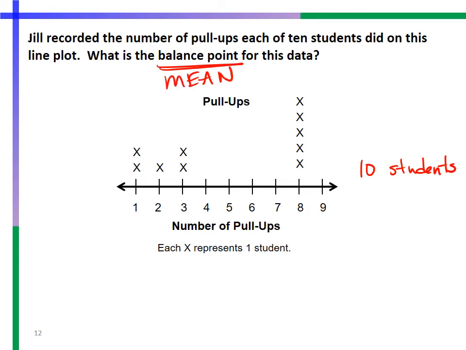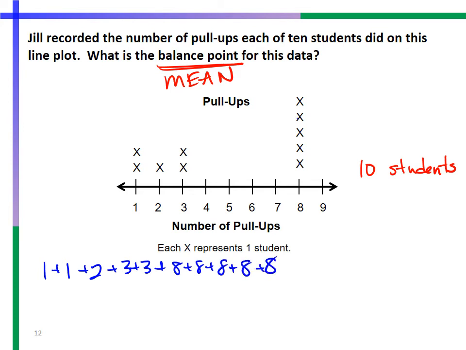In order to do this, there are 2 ways you can do it. I'm going to show you the one where you just add them together and divide by the total number of X's first. So let's add up our X's. You have 1 plus 1 plus 2 plus 3 plus 3 plus 5 plus 8 plus 8 plus 8 plus 8 plus 8.